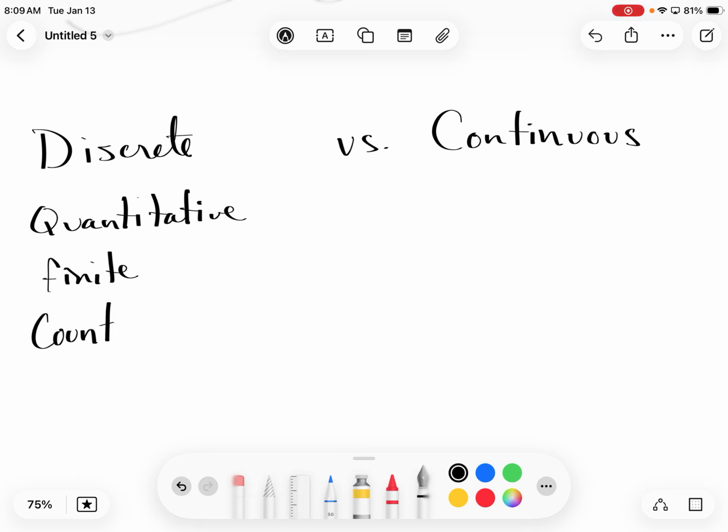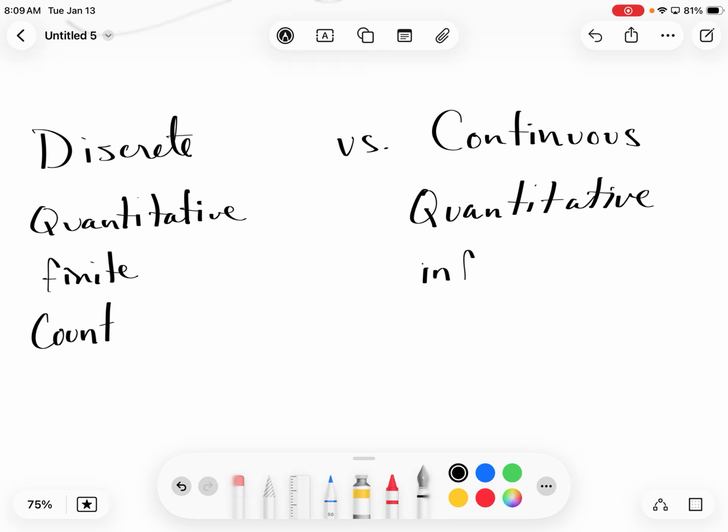Continuous, if I asked you to define that, you'd probably say almost, maybe not quite, infinite, right? It might be one of those things where it goes on forever and maybe you can't count them. So how they define continuous is a quantitative variable, so again it's got a number value to it, that has an infinite number of possible values that are not counted.